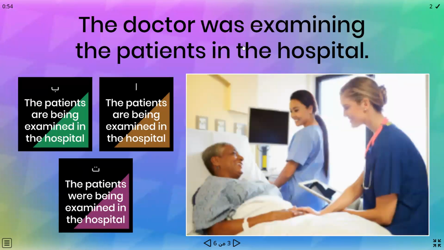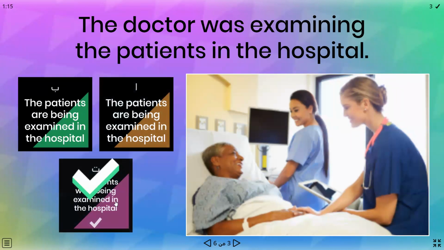The doctor was examining the patients in the hospital. The patients here are the object. Was examining is past continuous, was or were plus -ing. So we begin with the patients were. We don't say the patients are because this was in the past continuous. The patients were being examined.